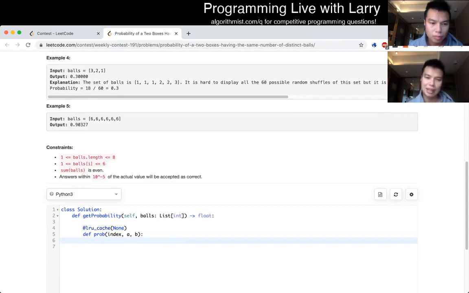Initially I have my indexes as A and B, where index is the index of the ball. The reason why I have it structured like this is because maybe I read it, but I didn't really understand that the number of balls in bucket A has to be equal to the number of balls in B. That's the problem.